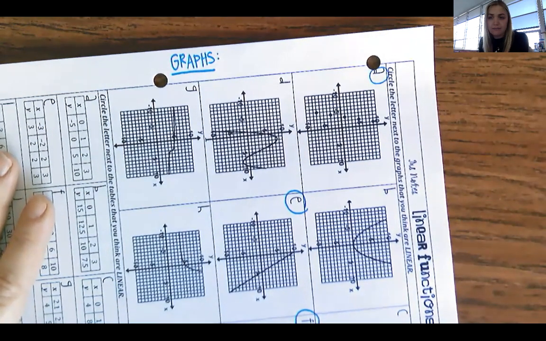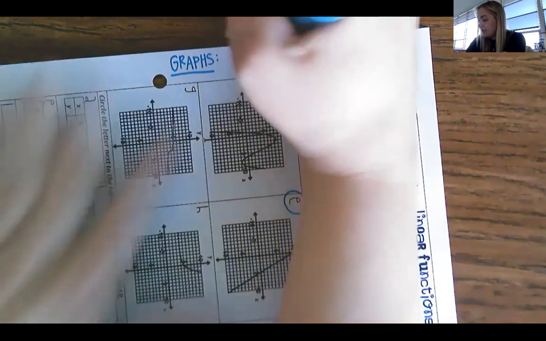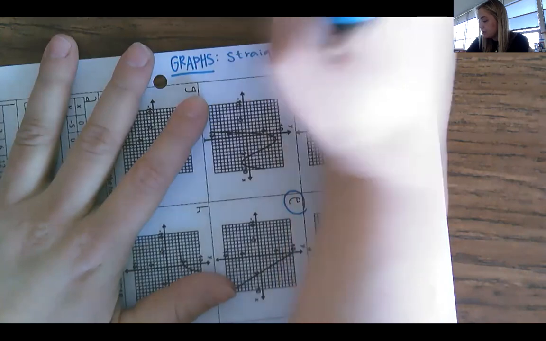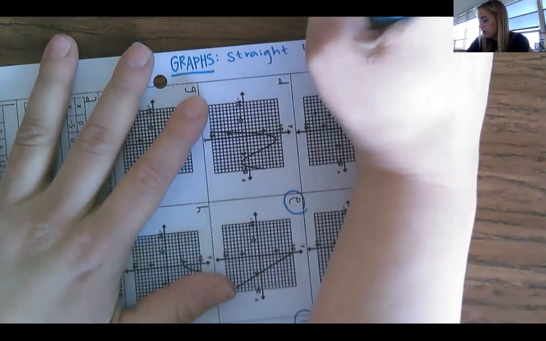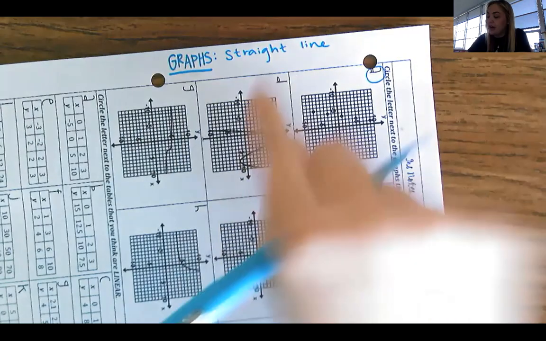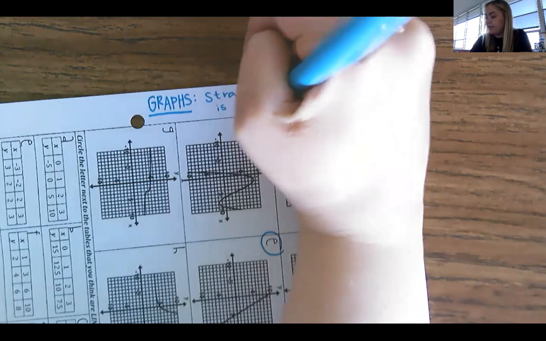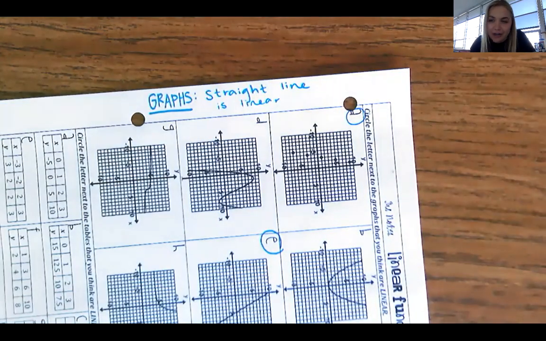What does it look like? Well, they are straight lines. If a graph is a straight line, then we are going to say is linear. That feels like the worst grammar in the world. Straight line is linear. Yes, it is. If it's a straight line, it is a linear graph.